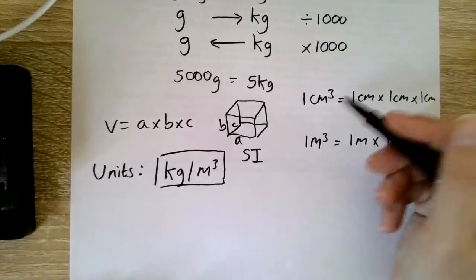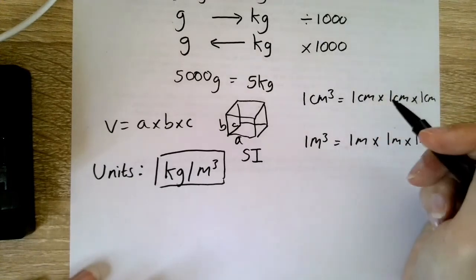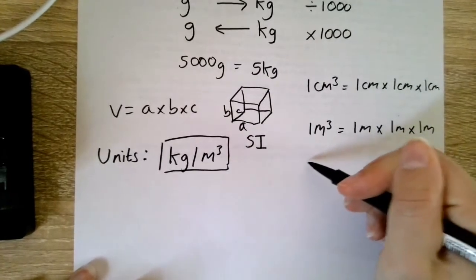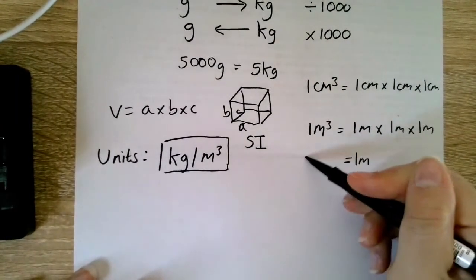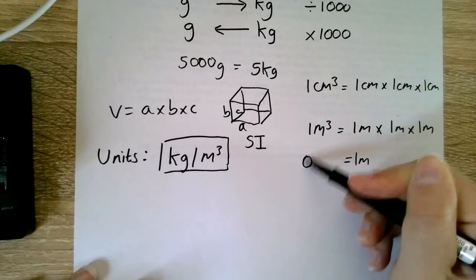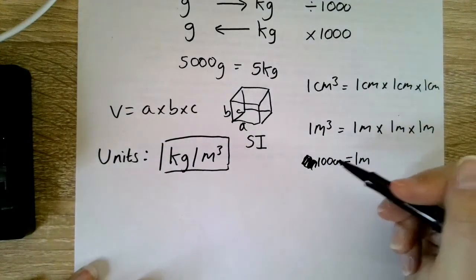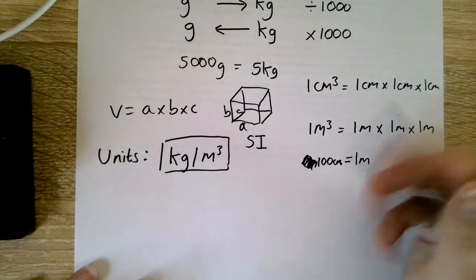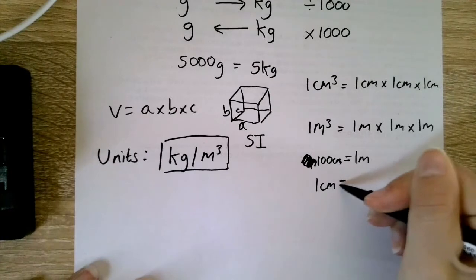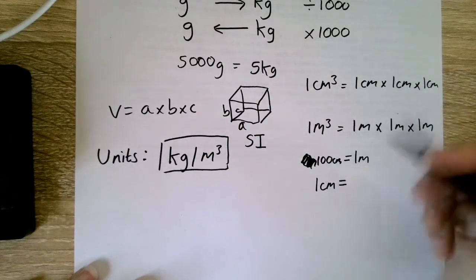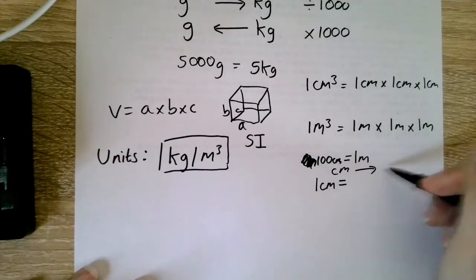If we want to see what 1 centimetre cubed is in metres cubed, we should convert our centimetres to metres. 100 centimetres is 1 metre, so to go from centimetres to metres we have to divide by 100.